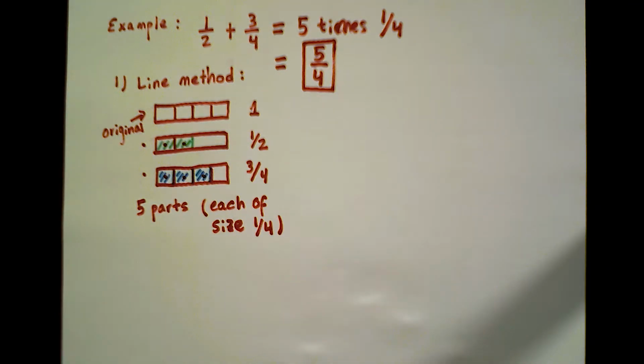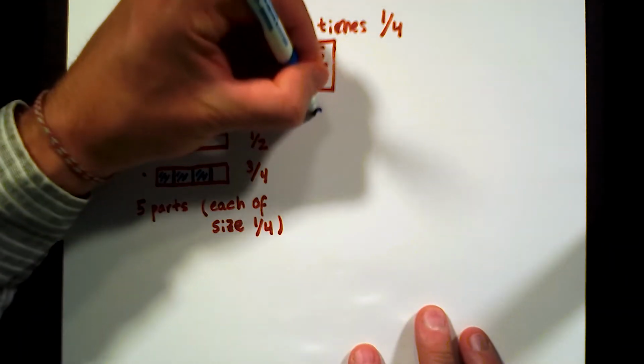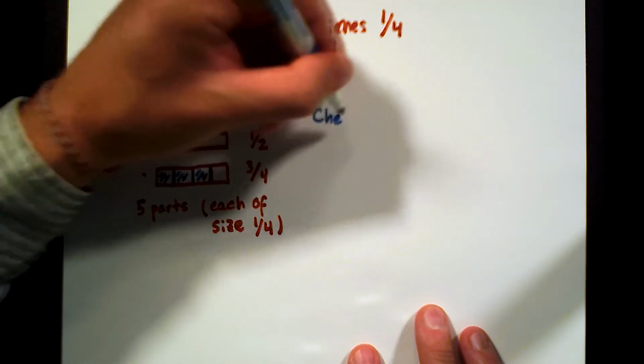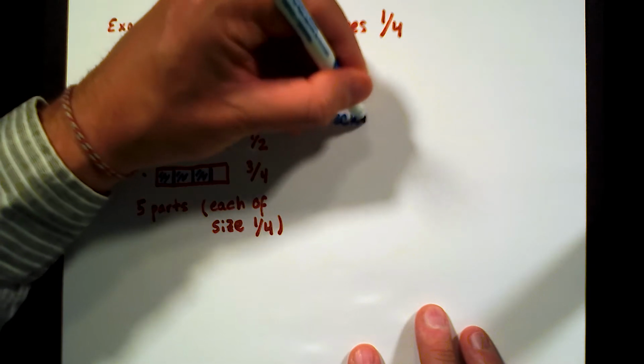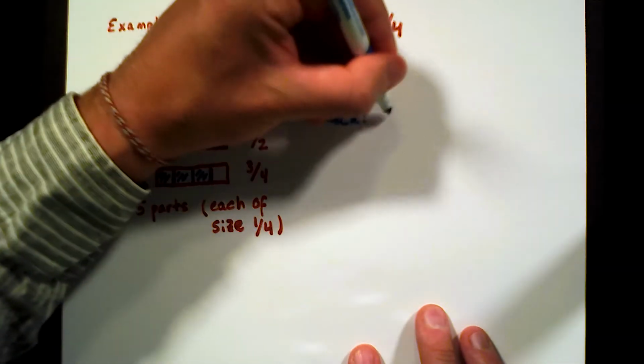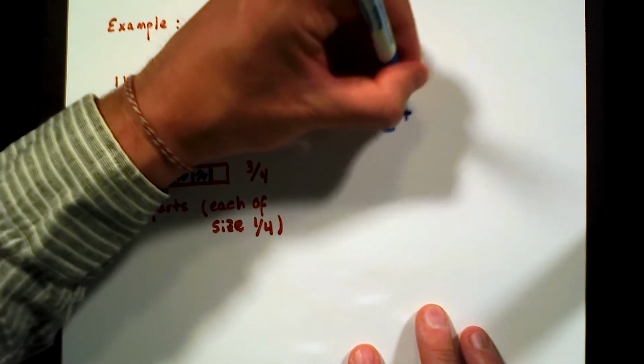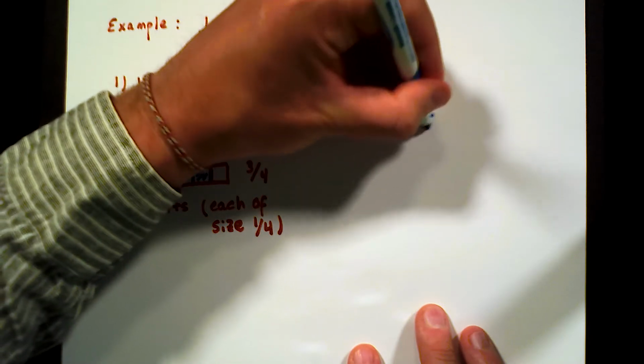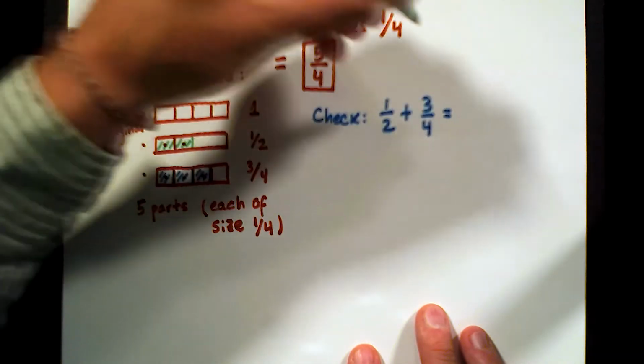Let's check with procedures. It's also a good idea, because then you can see the connection between this conceptual explanation and the procedures. You could do something we could call a check for our students, and we would add 1/2 plus 3/4 by looking at a common denominator.